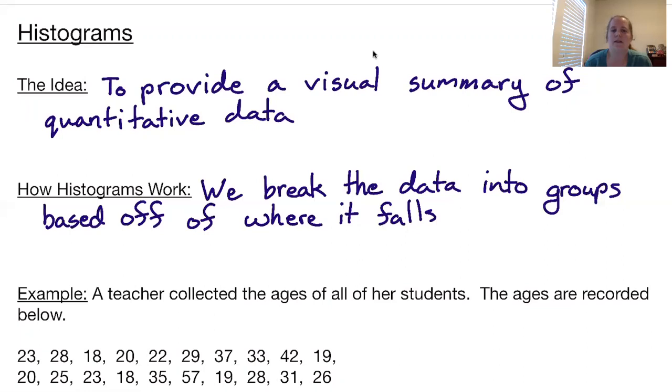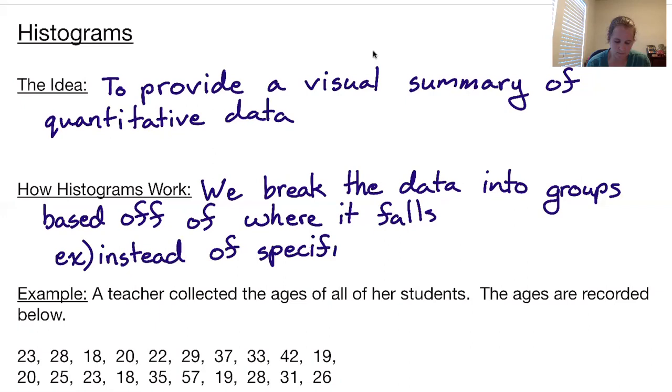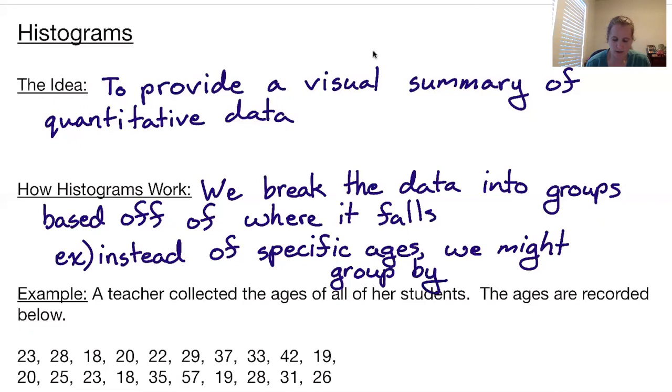So instead of looking at specific numbers, we look at ranges of numbers. For example, instead of looking at specific ages, we might group by age range.